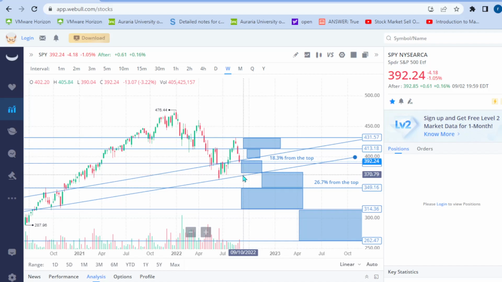So if we're just looking at where we are right now, that could literally be from like 370 to 349. Keep in mind that this is moving up. So let's say that we go over to November, here in November, if we're drawing our point from here, we're looking at 376 to 349. So that's the fourth zone.